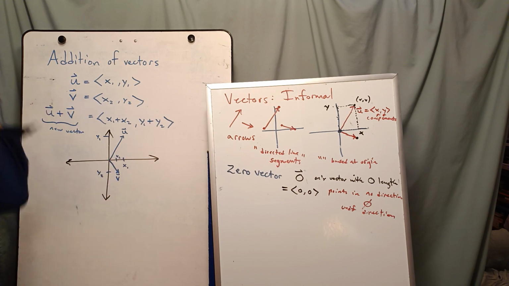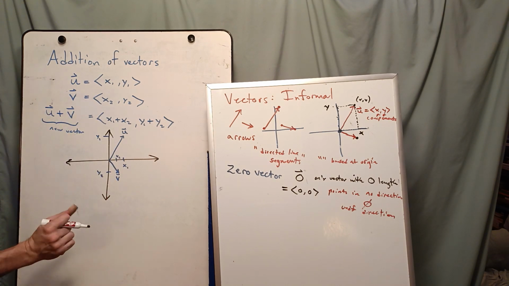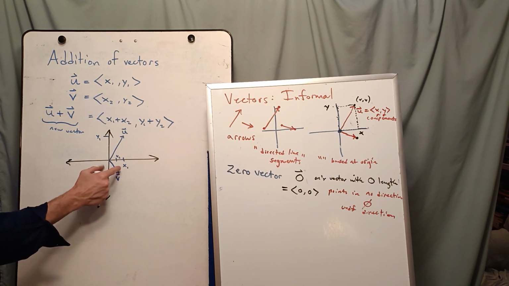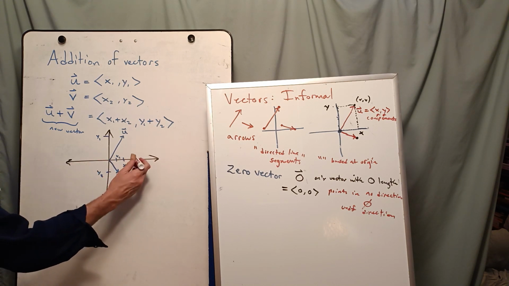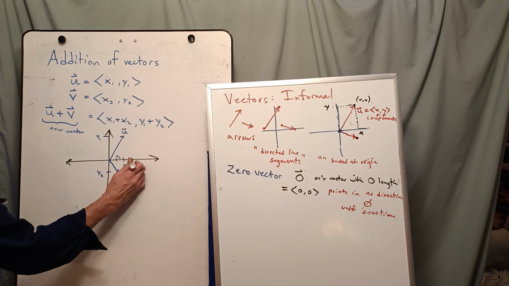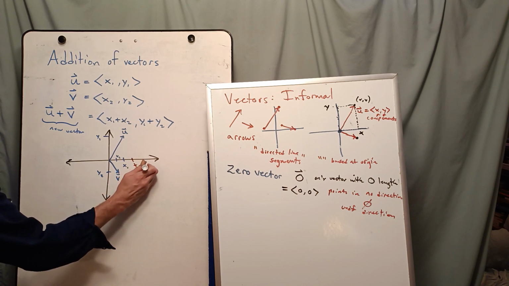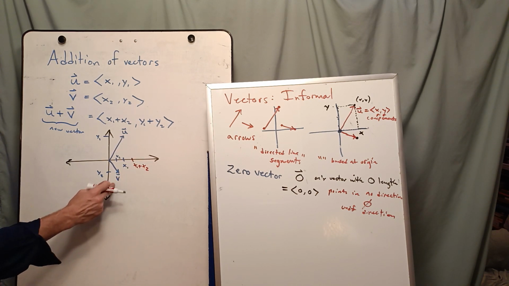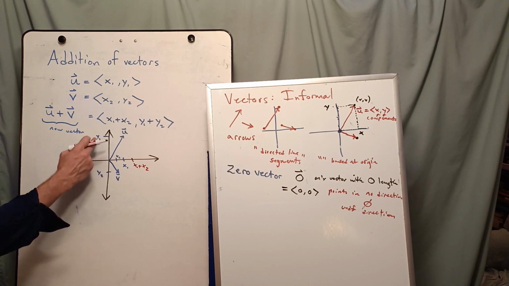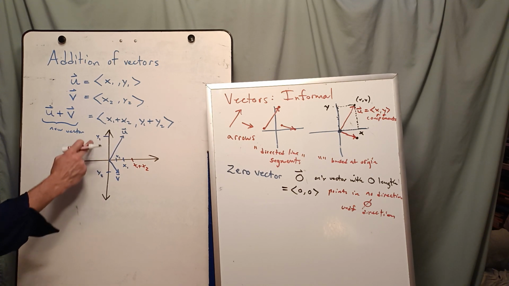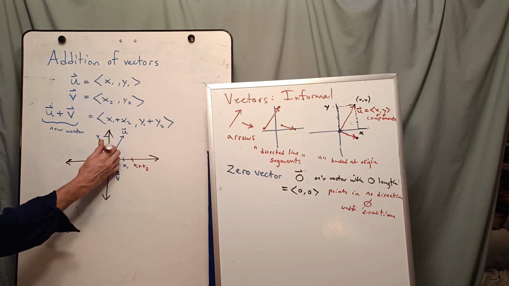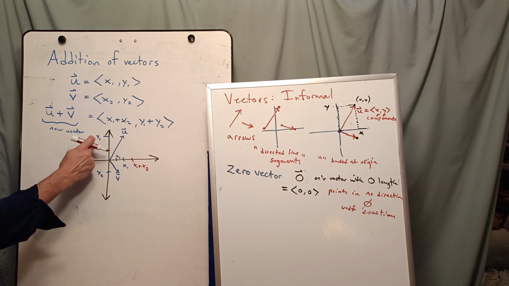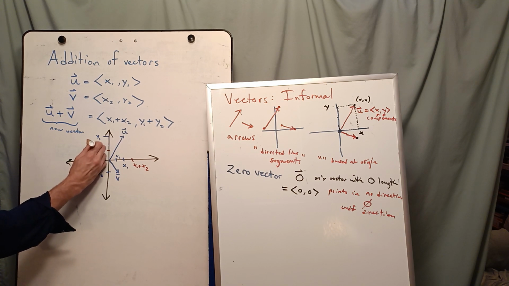Then our u plus v we can sketch in the following way. Notice both of the x components are positive, and so their sum is going to be some larger number than each one. And notice that the y component is one negative and one positive. The negative one seems to have smaller magnitude, so their sum is going to be something smaller than y1, but still positive.